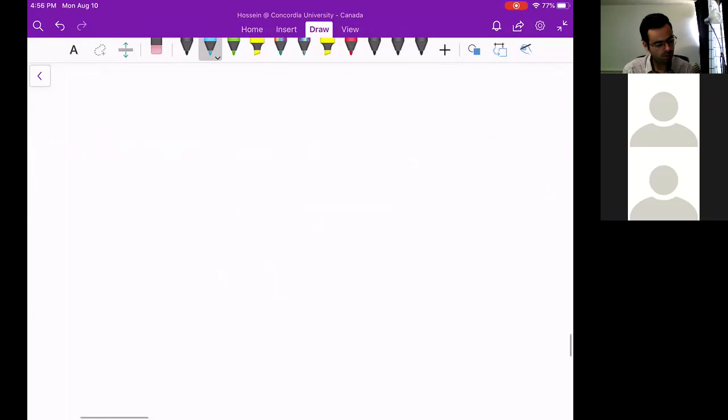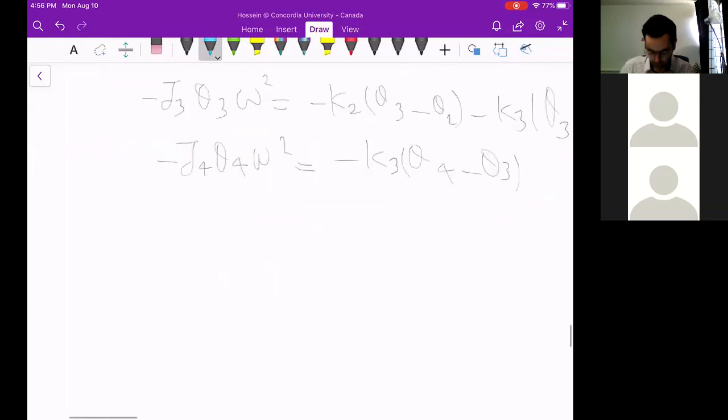So you need to have a relation between theta 1 and T1, theta 2 and T2, theta 3 and T3. Just take a look at the first two equations, by manipulating them.